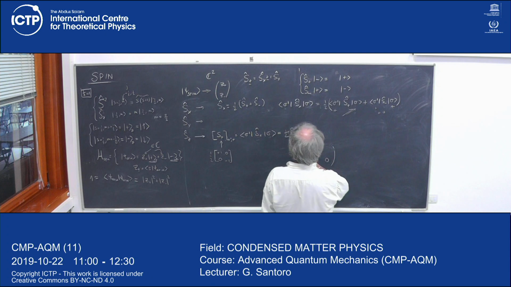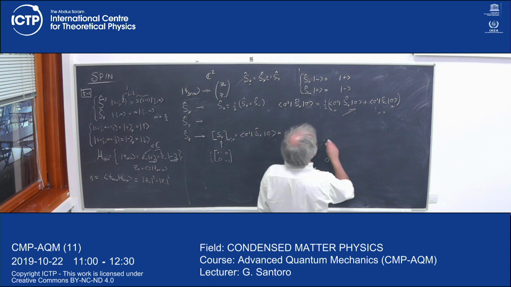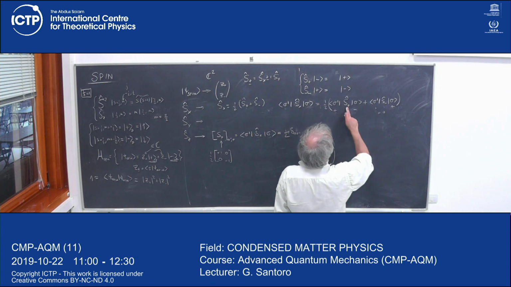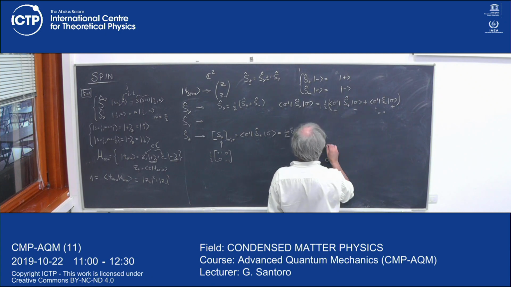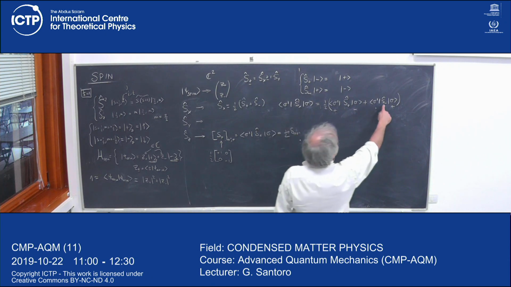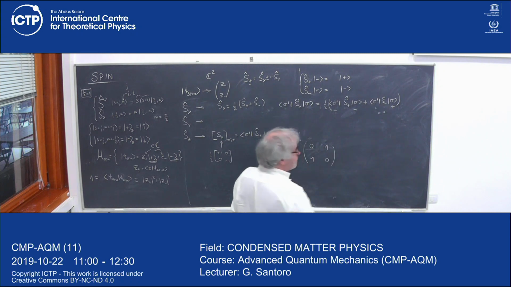If I calculate the element psi plus minus, it means that here I have a plus and here I have a minus. Now S plus of the minus state is the plus, right? And here I have the plus, so here I have 1. If I calculate the other element, I will get again 1, because it must be Hermitian.